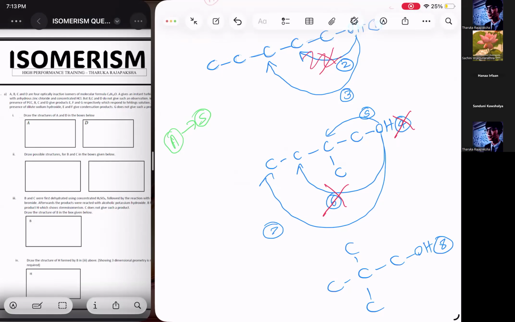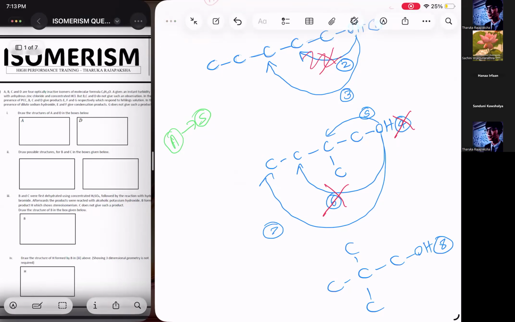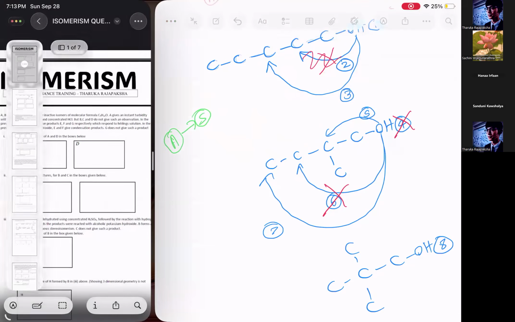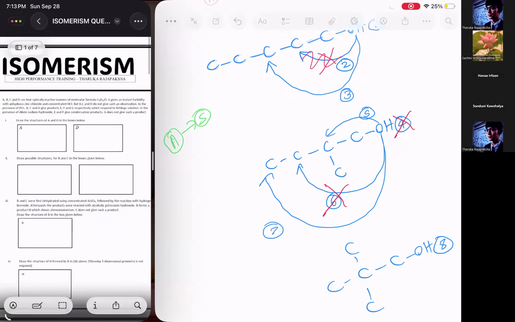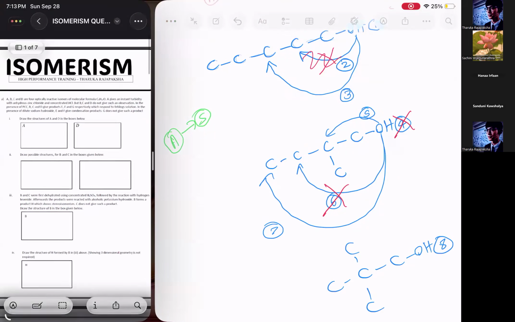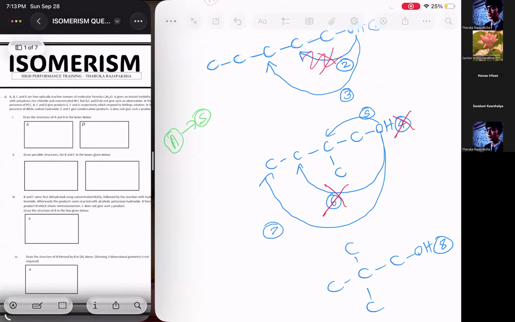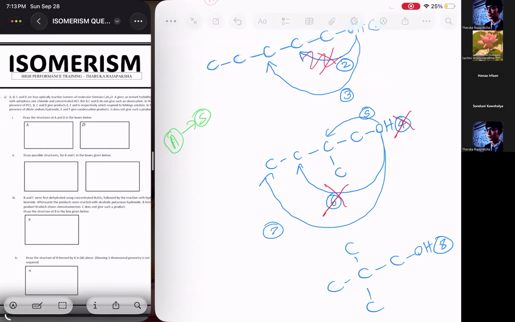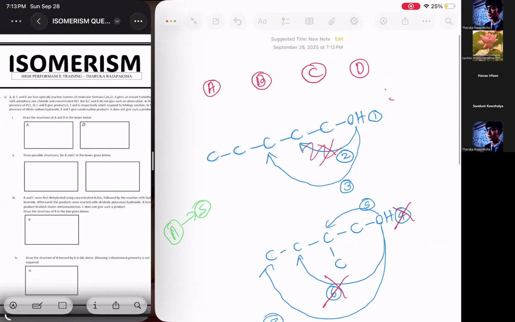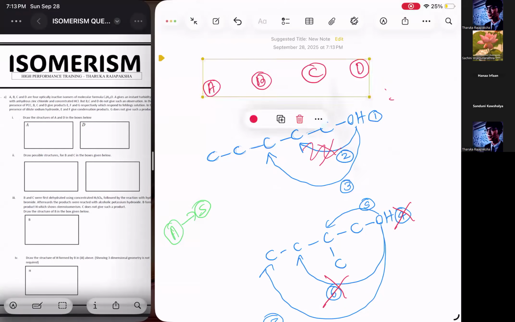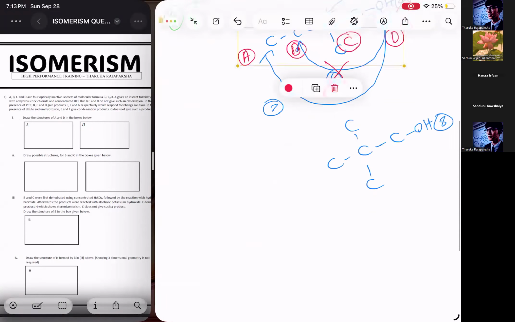Then next one, let's read. But B, C, D do not give such an observation. B, C, D is not a tertiary carbon. So in the presence of PCC, B, C, D gives E, F, G. Okay. Now let me bring this down.